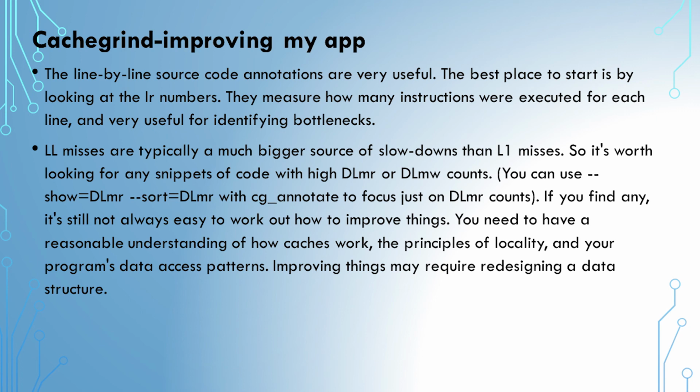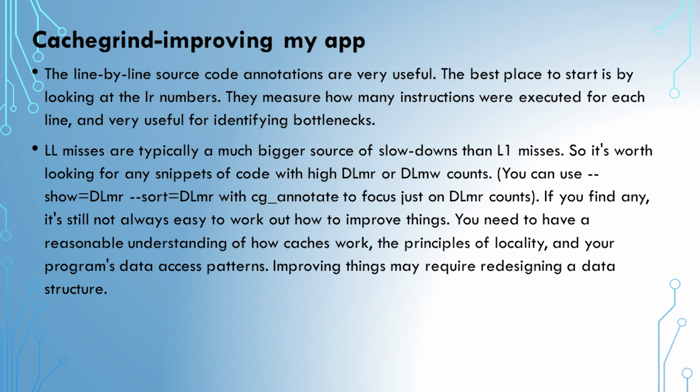I'm not going to talk about improving the app a lot because that's a different subject and we could talk about it for a long time. Line by line is very useful. It's a good place to start. You can measure the instructions and see how much time each line took.